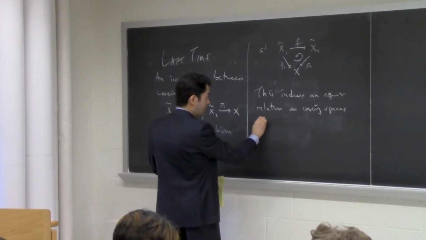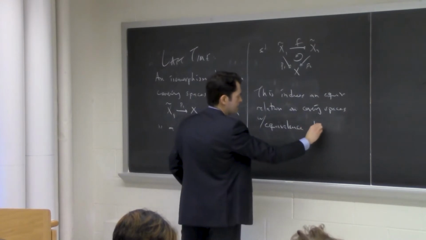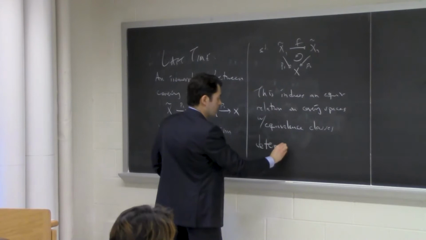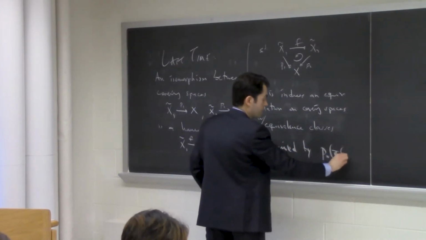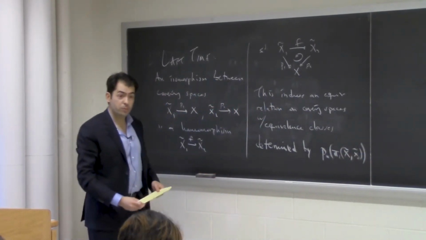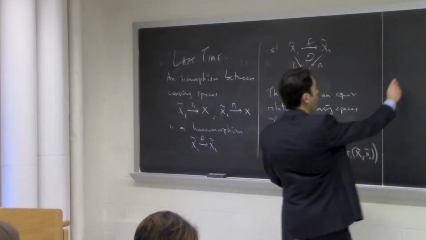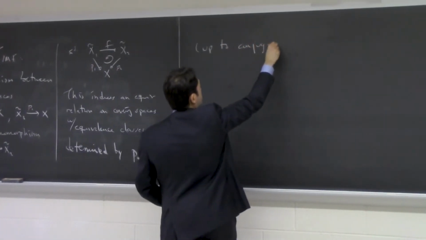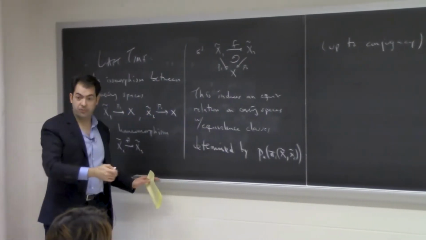And we saw that the equivalence classes are determined by the image of the fundamental group under the induced map, the induced homomorphism. Or up to conjugacy if, as in this diagram, you don't keep track of base points.